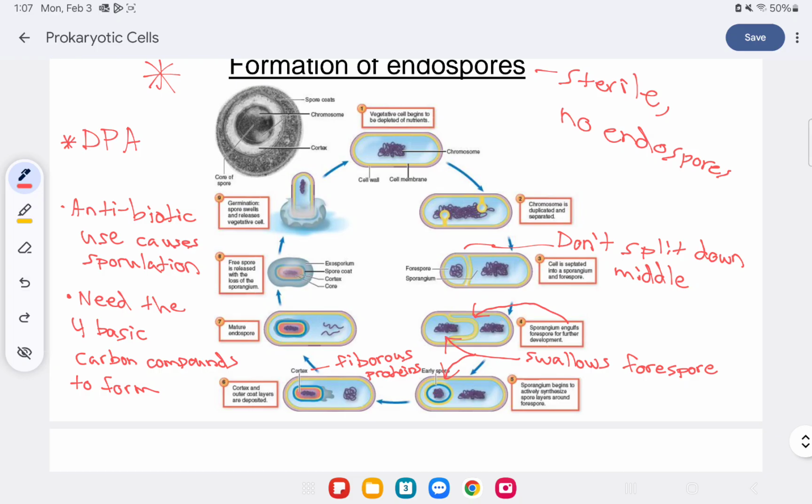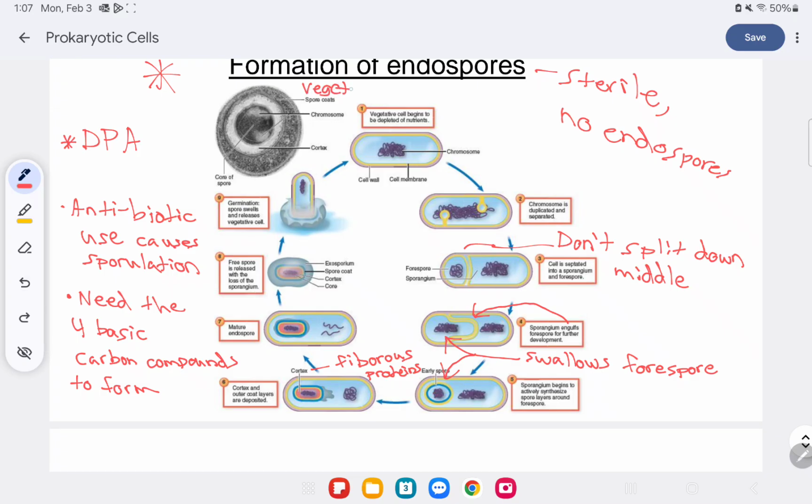So let me write that down. Vegetative bacteria are actively growing and dividing. And what we're talking about here is an endospore. This thing is a resting state.